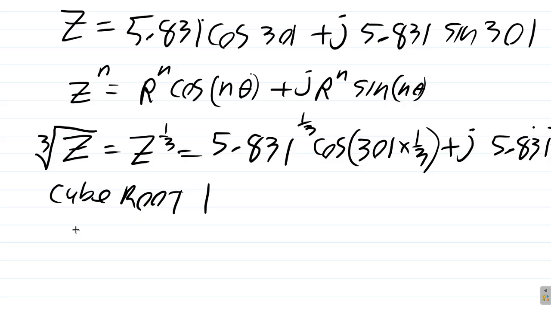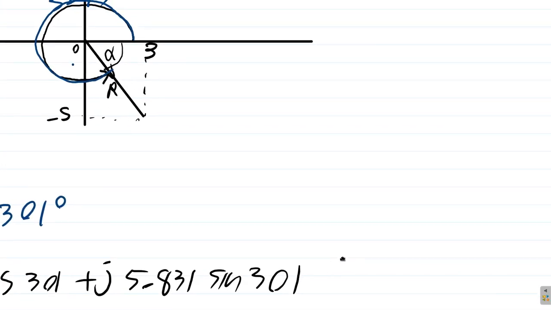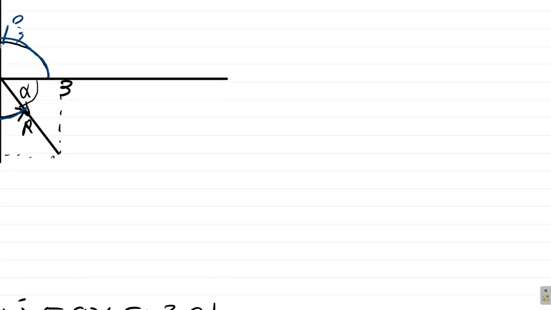Now, the thing is, I have done some work on this before. And the 3 cube roots I got, let me show you. One of them is negative 0.32 plus j 1.77.